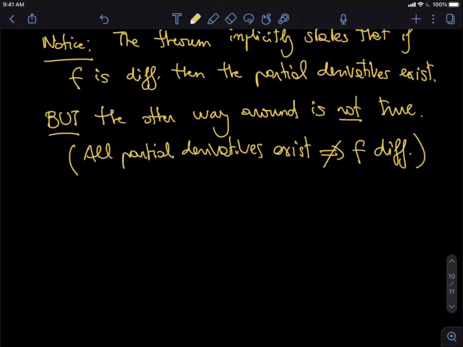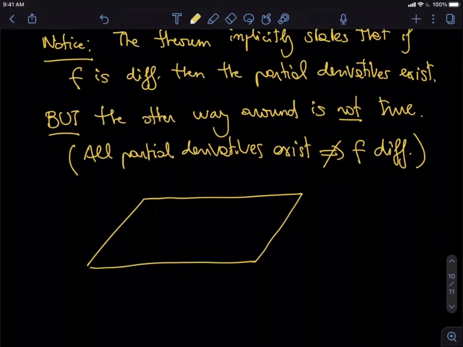Now, the way to understand this, imagine you have a road, a function that looks like this. You have here 0 and you have the two axes. Okay, and this function somehow is like a bump on the road. Okay, it's like a triangular bump on the road.